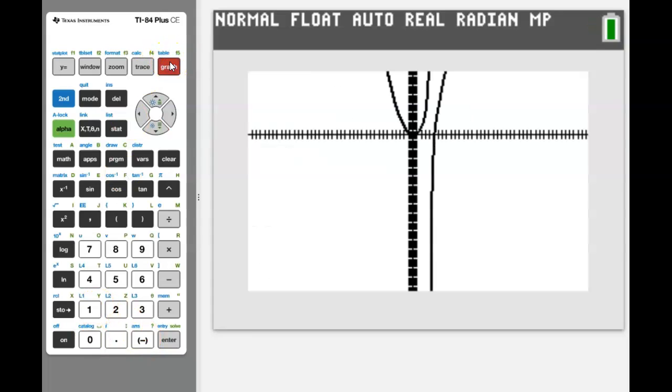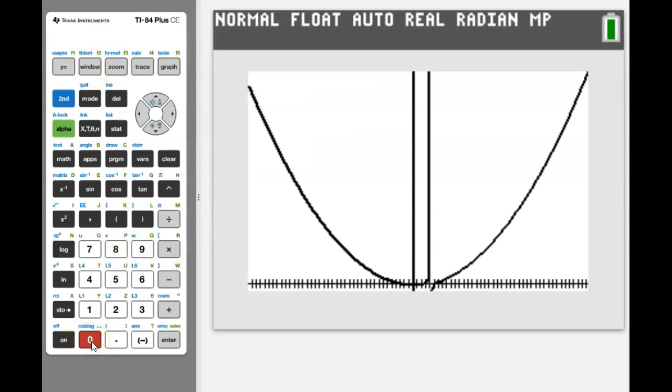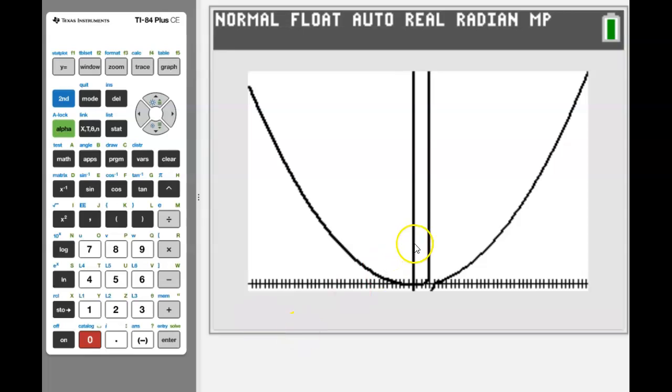Okay, there's a zoom fit. Is that what it's called? Zoom 0? Okay. Does it look like a parabola? If you zoom far enough out, it looks like a parabola with some garbage going on here, right?